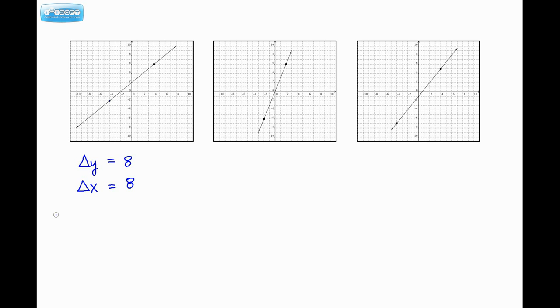And slope was defined as whatever delta y is, my rise, divided by delta x, which is my run. So that is 8 divided by 8. As a fraction, that's very nice. It reduces to 1. So therefore, this line has a slope of positive 1.